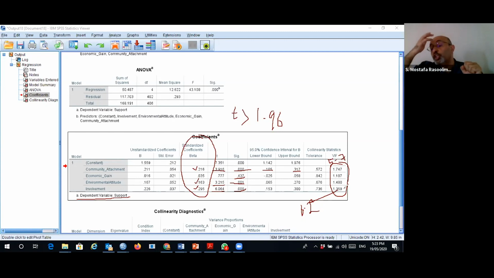What you need to do is look at the items of each variable and see which items in community attachment and involvement are similar. You can delete similar items to decrease the VIF.